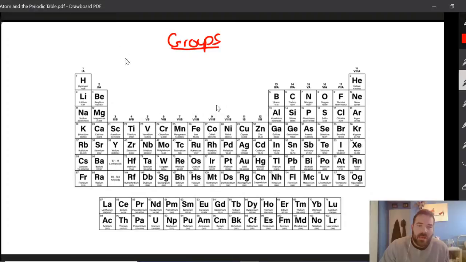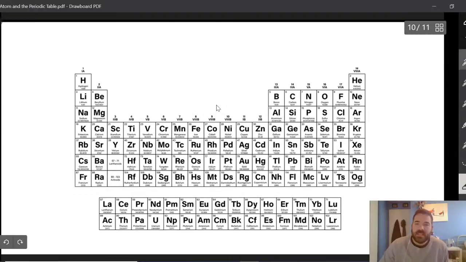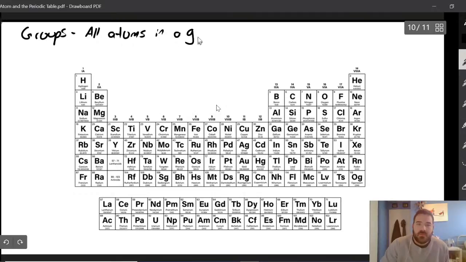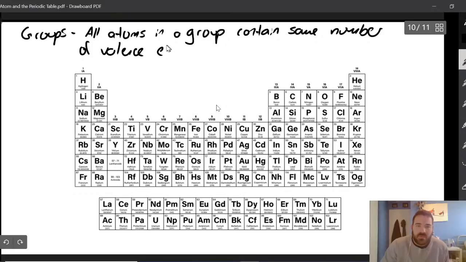So all atoms within a group contain the same number of valence electrons. And of course, there are exceptions, but for the most part, and for our cases, especially in grade 9 chemistry, it's a very convenient way to think about it.